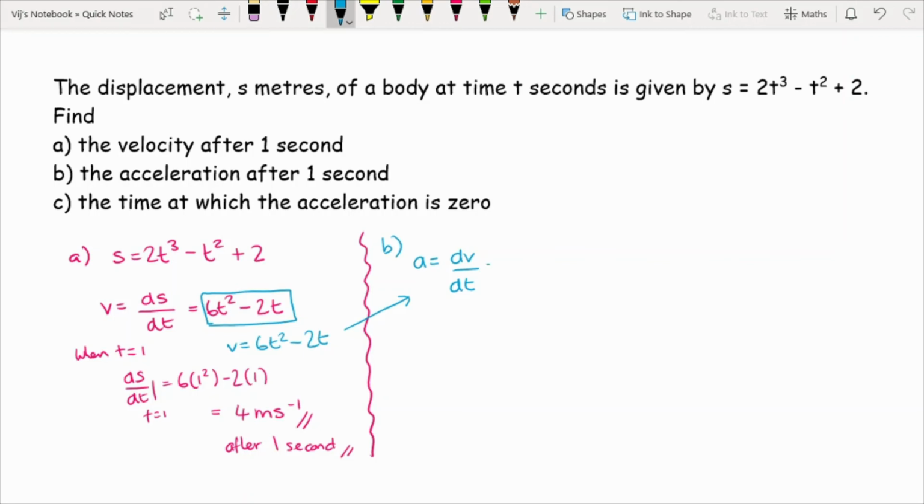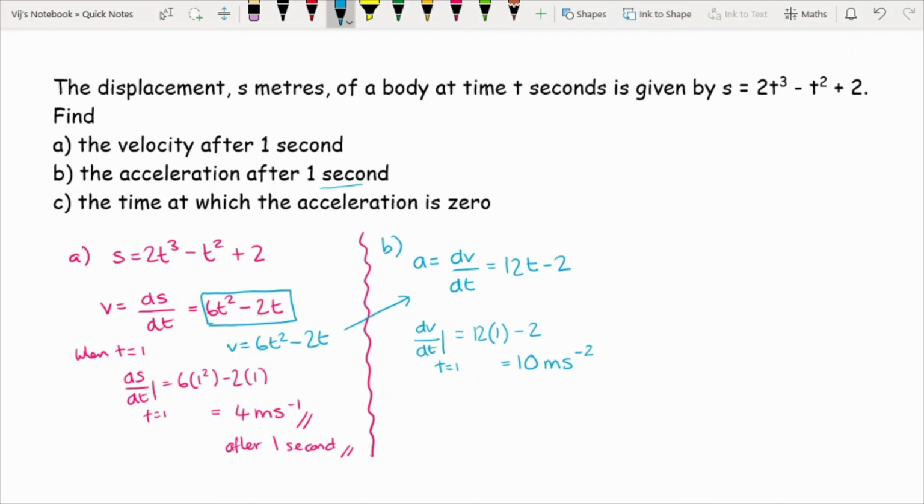Working out dv over dt, I'm going to get 12t minus 2. I need to work out what the acceleration is after 1 second, so when t equals 1, if I substitute 1 into that formula, I'm going to get 10 meters per second squared.